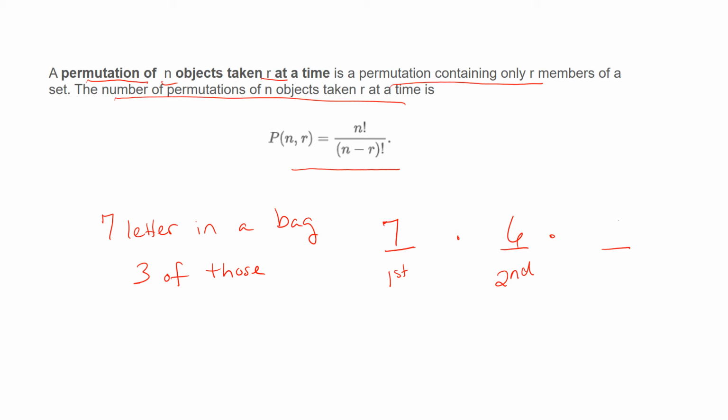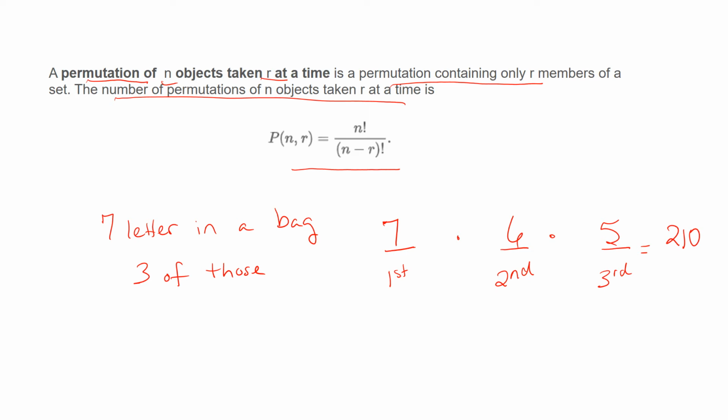Then after that, I only have 5 for the third. So by the fundamental counting principle, that turns out to be 210 different ways to make 3-letter words, assuming that they turned out to be a word and you didn't get XQT or something crazy.